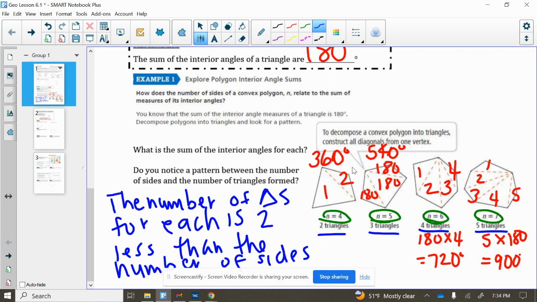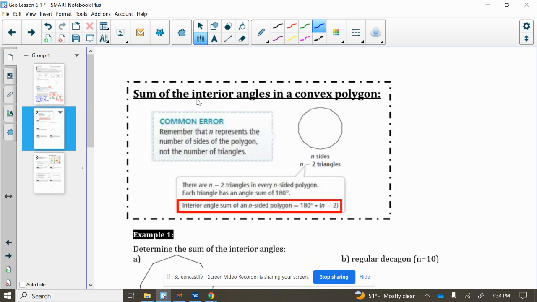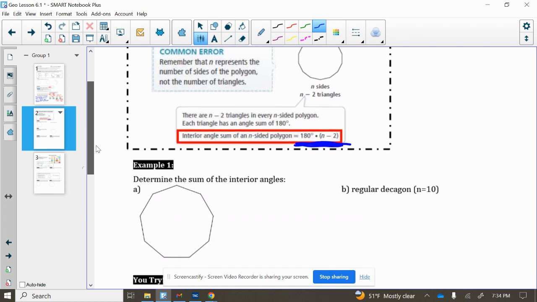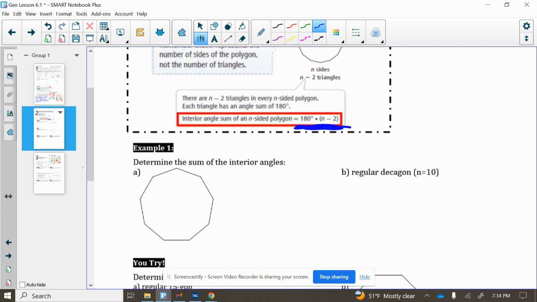So what that allows us to do is create an ability to find the total interior sum for any polygon we want. And that formula is we take 180 degrees and we multiply it by the number of sides minus 2. So for instance, in our first example, we have a 1, 2, 3, 4, 5, 6, 7, 8, 9-sided figure.